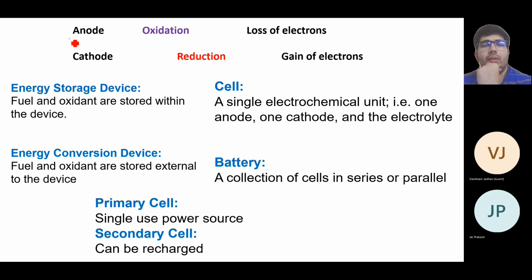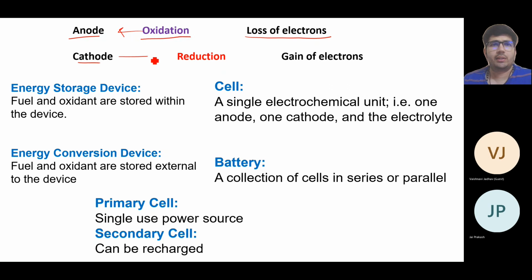So basically anode is where oxidation happens, and what is the meaning of oxidation? Oxidation is the loss of electrons. So whenever oxidation is happening, it means there is a loss of electrons. That particular element is releasing the electrons, so that is oxidation, and oxidation happens at the anode.